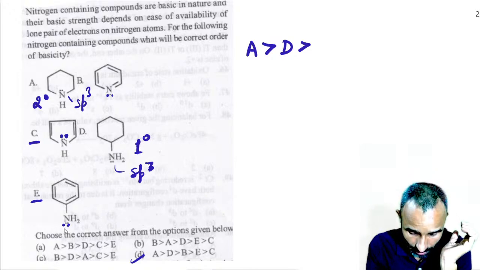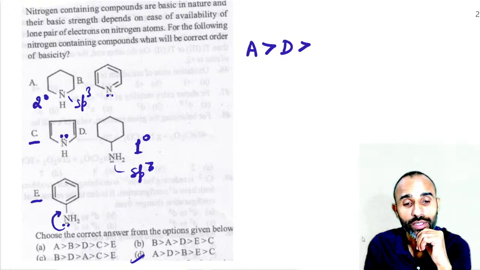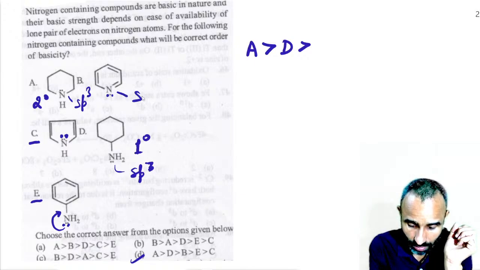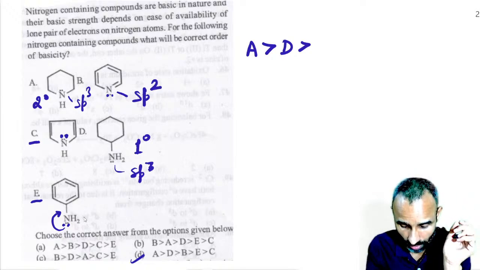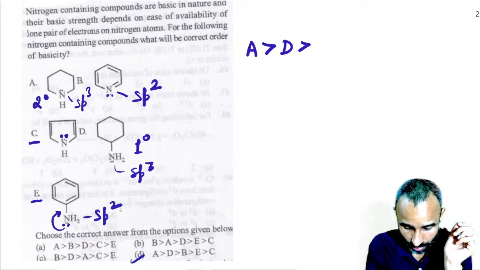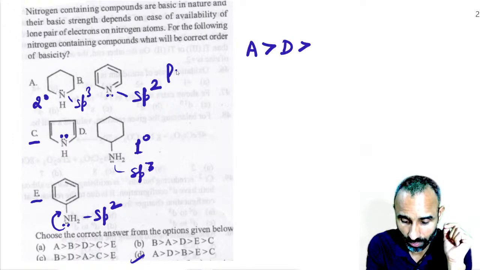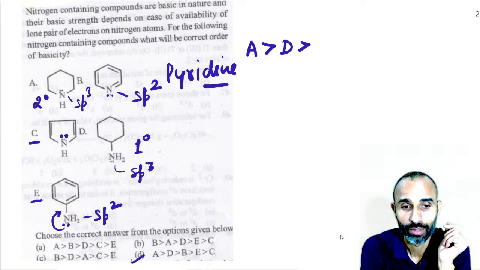In this case, lone pair is in conjugation, so lone pair is less available on nitrogen, but this lone pair is very much available because it is not in conjugation at all. Understood, sir. So that's why E is less basic than pyridine. This is called pyridine.